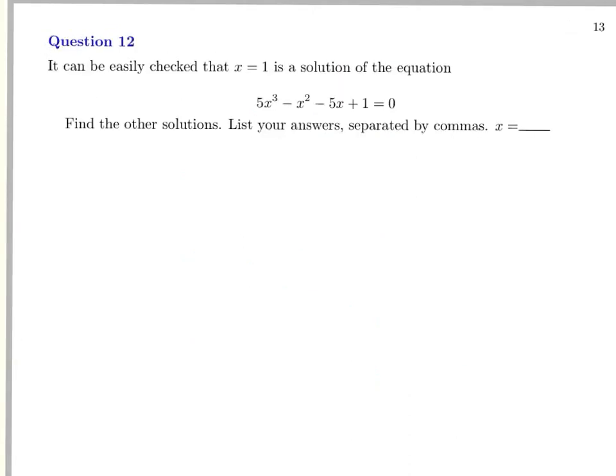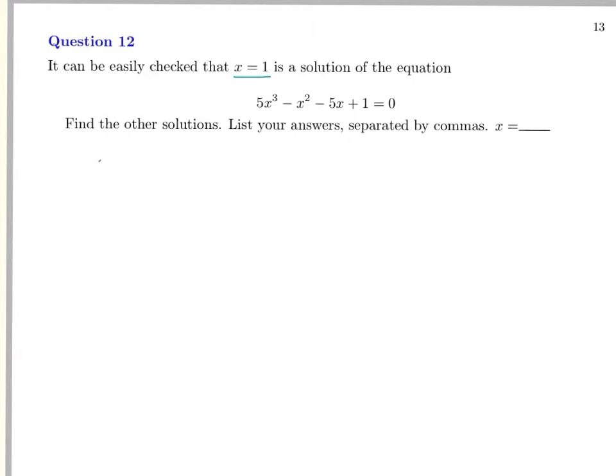All right, so for question 12, we have to solve a cubic equation. And generally, we don't know how to factor a cubic equation. However, if we're given one of the factors, then we will be able to do it. So we're told here that x equals 1 is a solution. And you can check that if you plug in x equals 1, you'll get 0 equals 0.